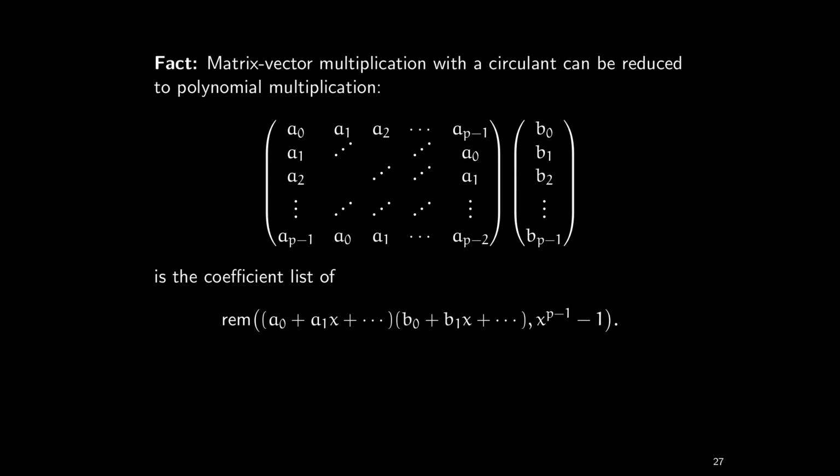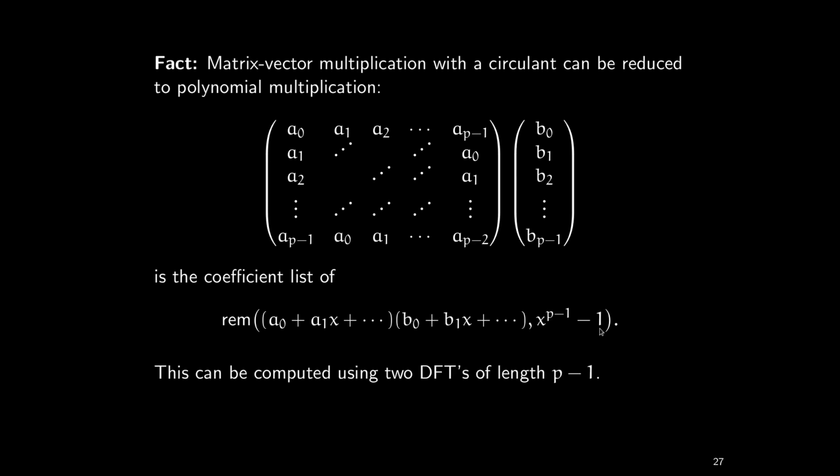It looks like we are going in circles, but not quite. There is a little difference that saves us, and that's that here we have p minus 1. So the product of these two polynomials has to be computed mod x to the p minus 1 minus 1.